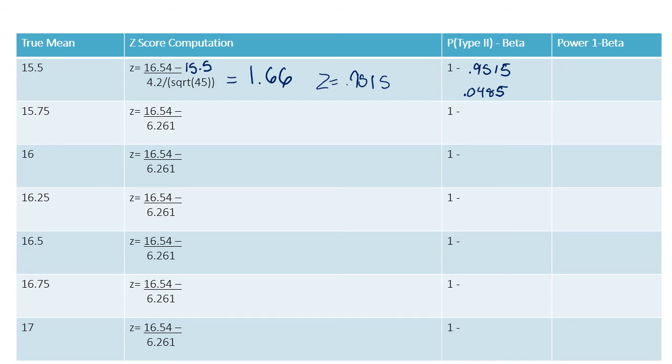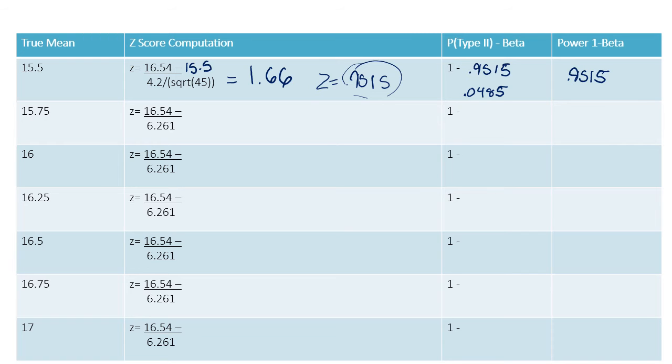That is our beta. Now our power is 1 minus our beta, or the area under the table. So that is 0.9515.